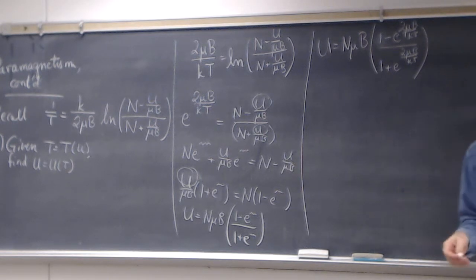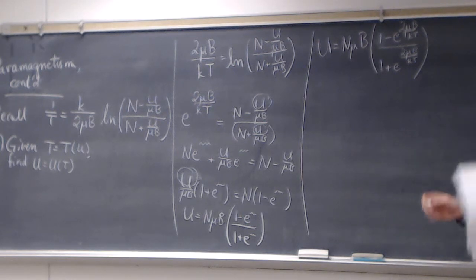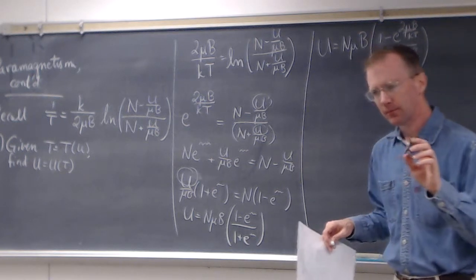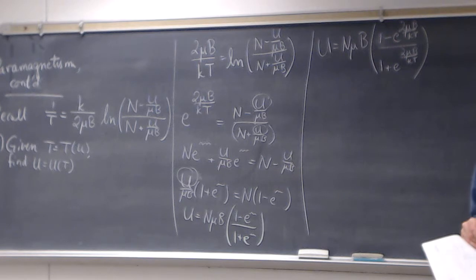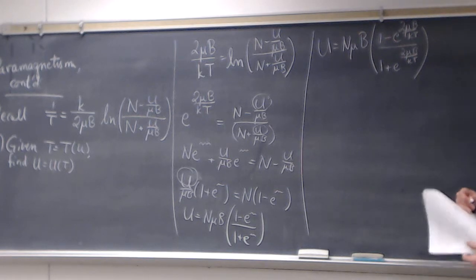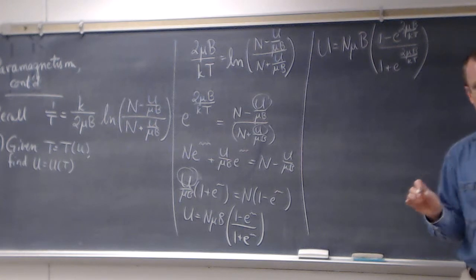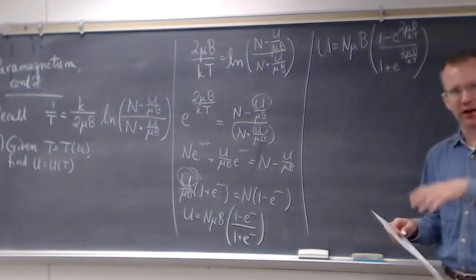Now take a look here. We've got 1 minus an exponential divided by 1 plus the same exponential. So there are what are called the Euler relations, E-U-L-E-R, and in geometry, our trigonometric functions have equivalent forms that are exponentials. For example, you've got sine and cosine.